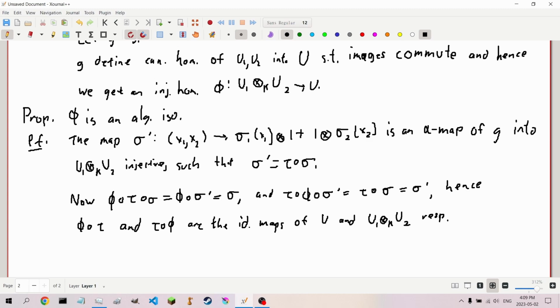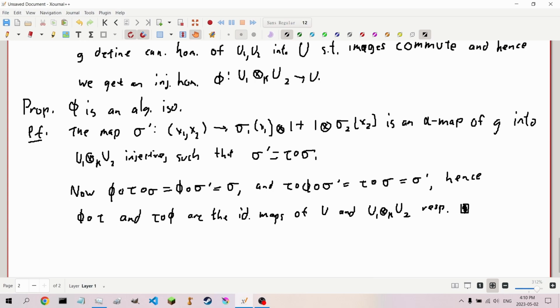Yeah, because this means that our map tau is just the inverse of phi, and it's also a homomorphism, obviously, and so we actually do have that the two things are the same. So this is the end, since we have an inverse of our homomorphism, it is an isomorphism.